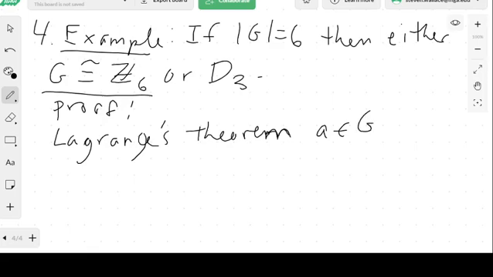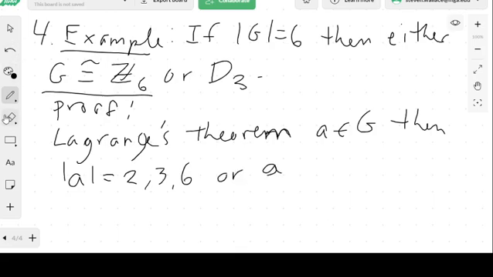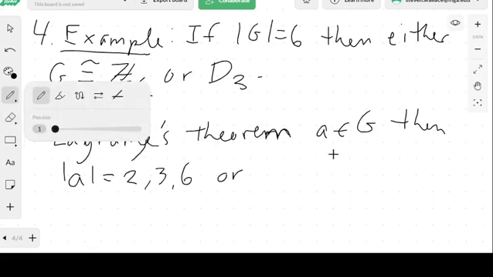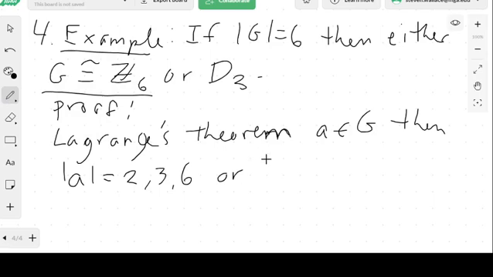If an element is in G, then the order of the element is 2, 3, or 6, or the element itself is the identity. There's only one element with order 1, so we don't have to worry about that. Let's just not think of A as being the identity, 'cause that's silly. All groups have the identity.